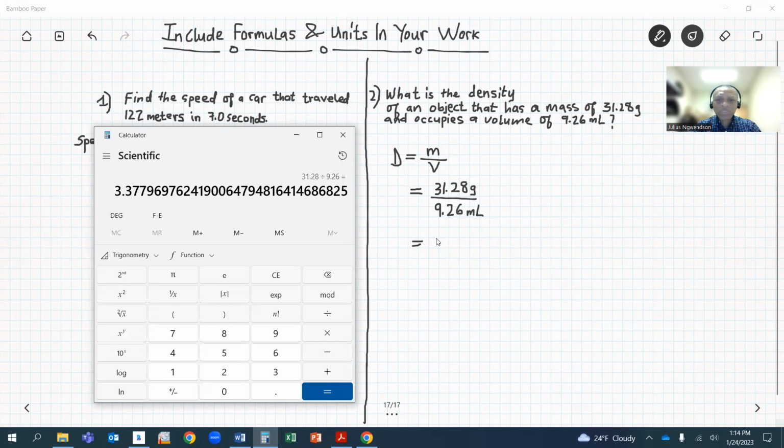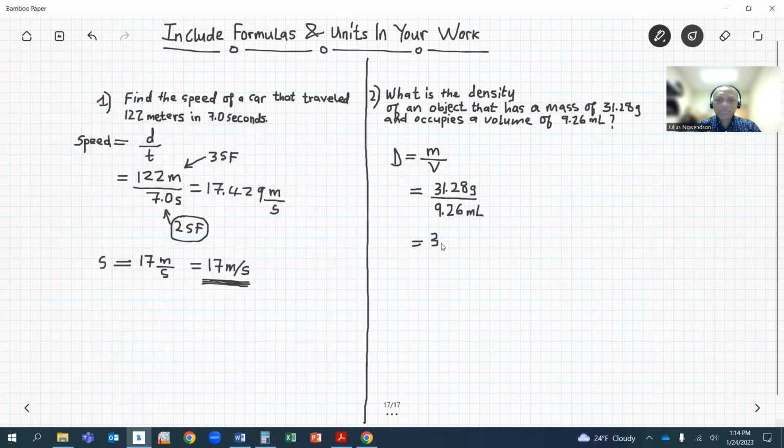So we write 3.378. In the numerator is grams. In the denominator is milliliters.